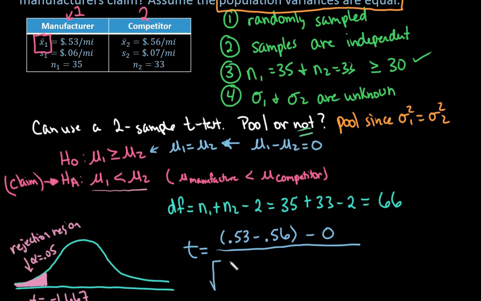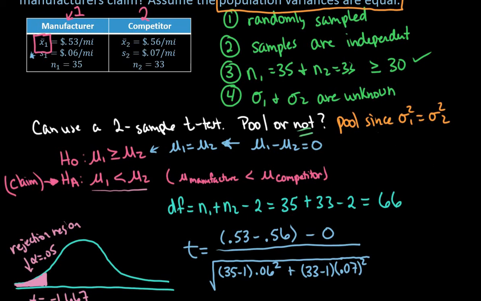In the denominator, and this is where you have to be really careful when you're plugging this into your calculator, it's N1 minus 1, so I would take 35 minus 1 times the standard deviation of the first sample, the 0.06, squared, plus the second sample size, which is 33 minus 1, times the second sample standard deviation, 0.07 squared.